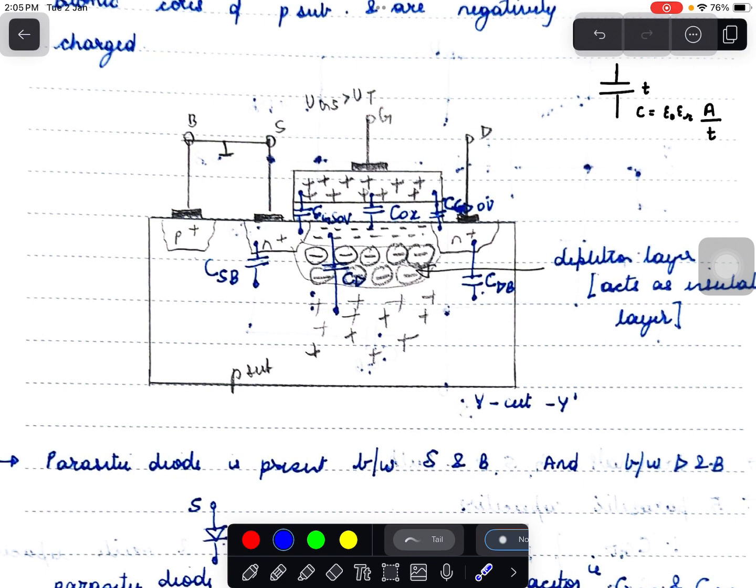Then we have a source region and the bulk region. Source is N plus, bulk is P, so this forms a diode, and because of the diode we have a depletion region present, and this forms a capacitance called source to bulk capacitance. Similarly, we have drain to bulk capacitance.